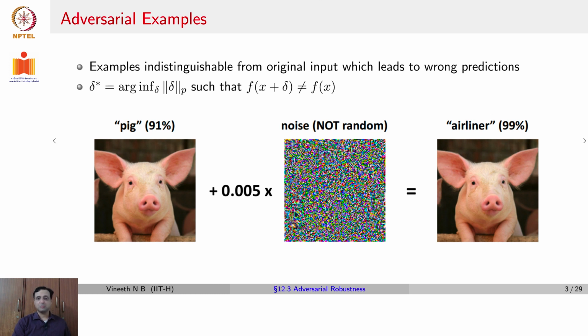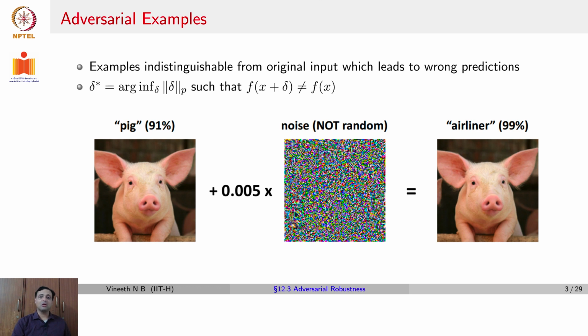This is a serious problem, especially considering that humans don't seem to suffer from this problem, and for humans, the output image is still a pig quite clearly. So why do deep neural networks suffer from this problem?